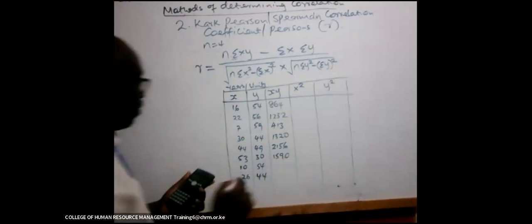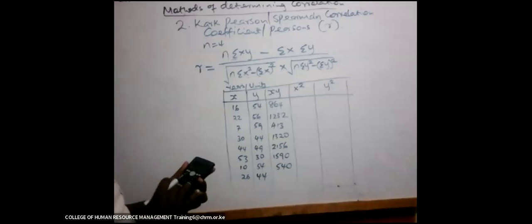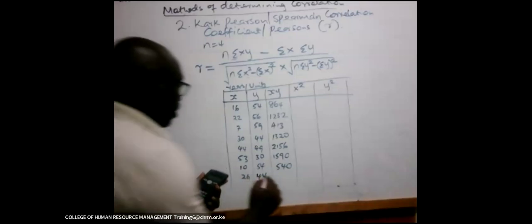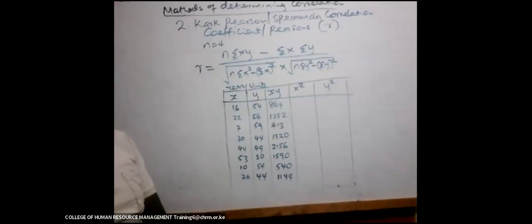Then you have 10 times 54, which is 540. 26 times 44, 1144. You are done with XYs.